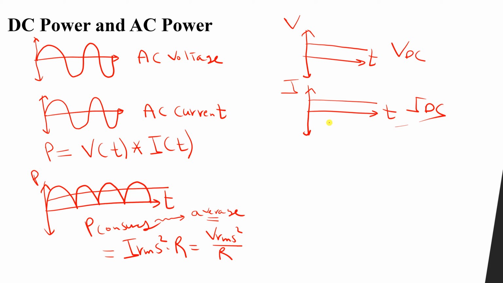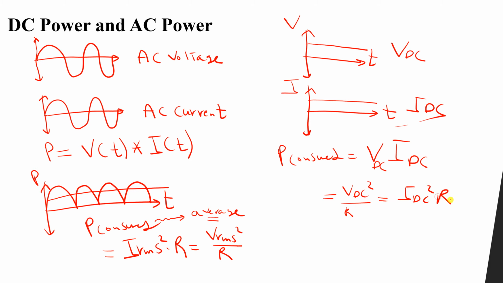The power consumed in a DC system is the DC voltage multiplied by the DC current, or VDC squared divided by R, or IDC squared multiplied by R. All of this gives the same value.